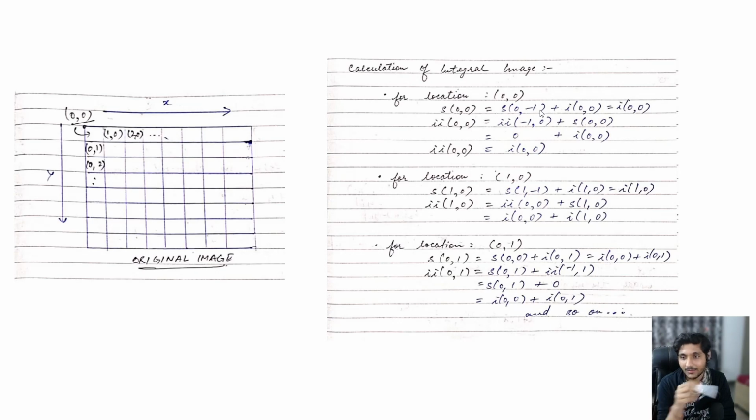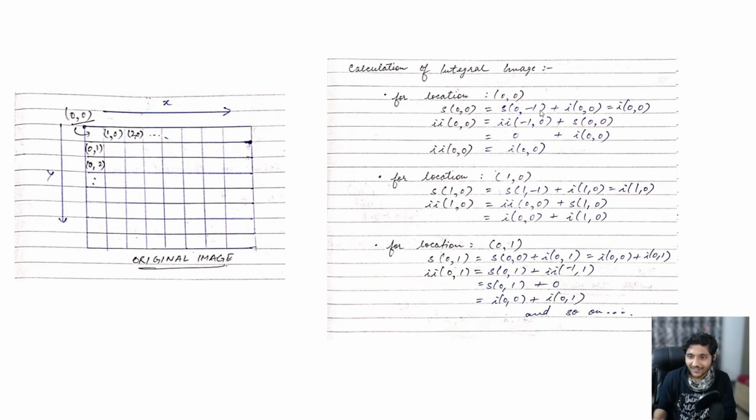The integral image at minus 1 is nothing, so that's what you get. So it's going to be 0 plus s of 0 comma 0. We talked about it first: s of 0 comma 0 is the pixel value at that point itself. So it is I of 0 comma 0, where I is the original image.